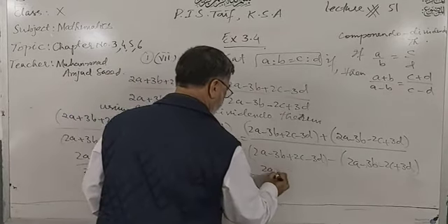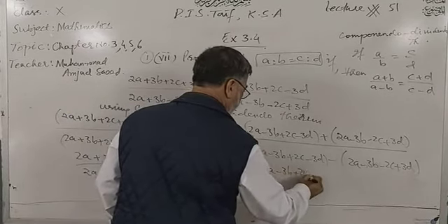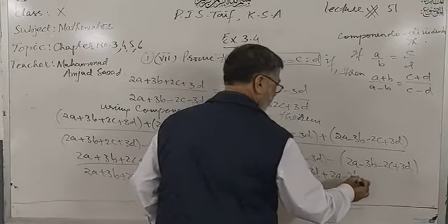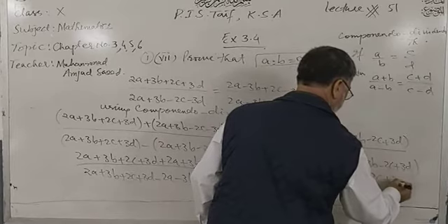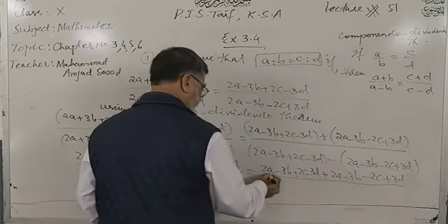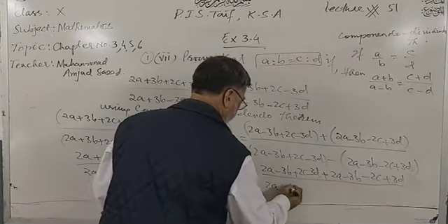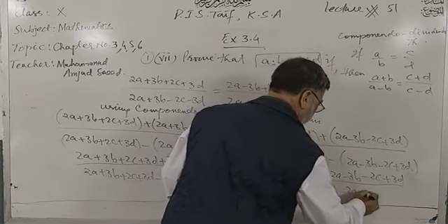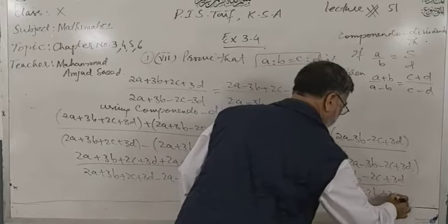Here we have 2A minus 3B plus 2C minus 3D plus 2A minus 3B minus 2C plus 3D divided by 2A minus 3B plus 2C minus 3D minus 2A plus 3B plus 2C minus 3D.